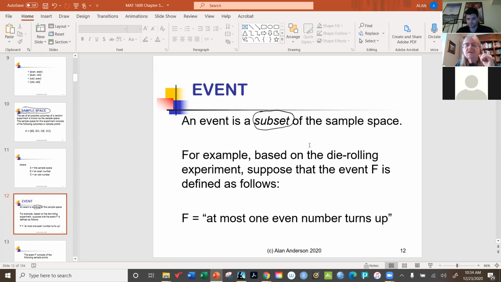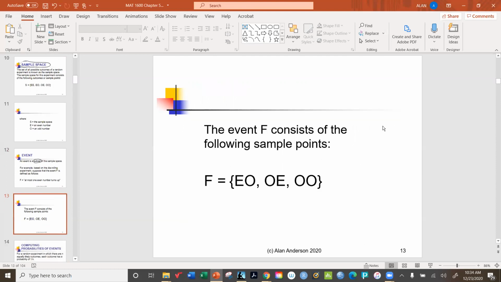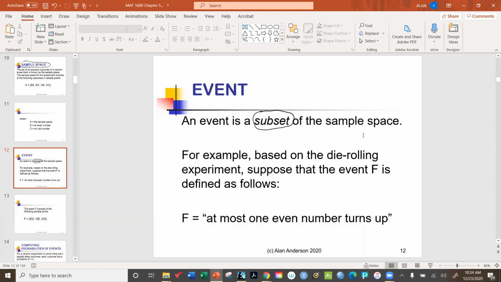So suppose I define the following event. Based on the experiment we just conducted, F represents the event that at most one even number turns up, which means we're ruling out 2 even numbers. So what elements belong to the set? Now remember, F is itself a set.